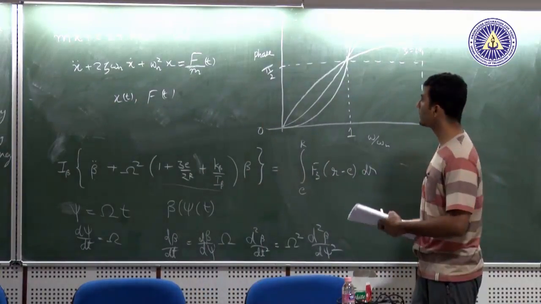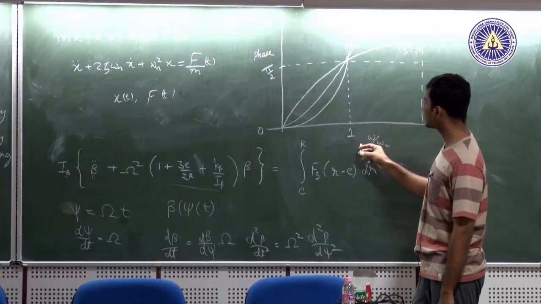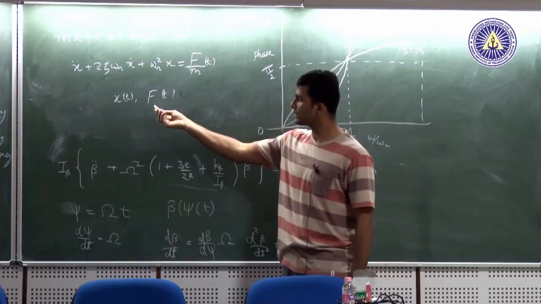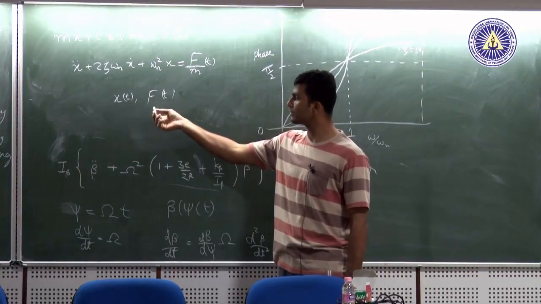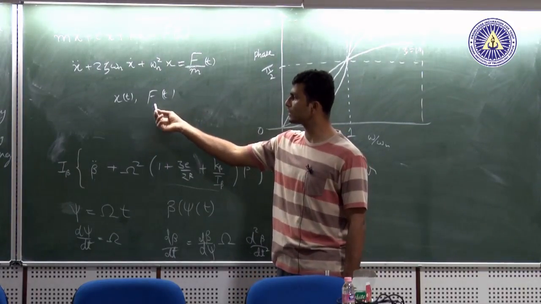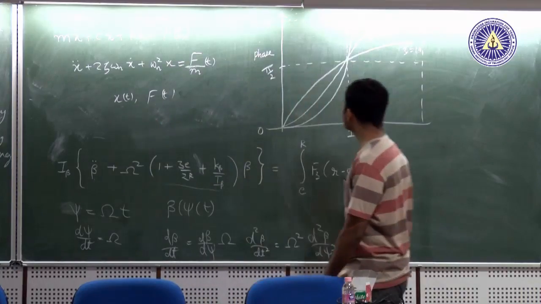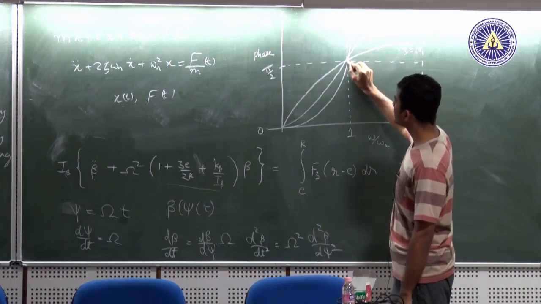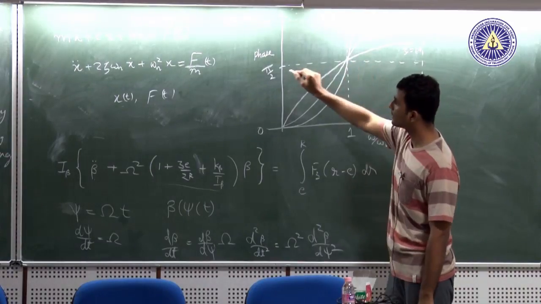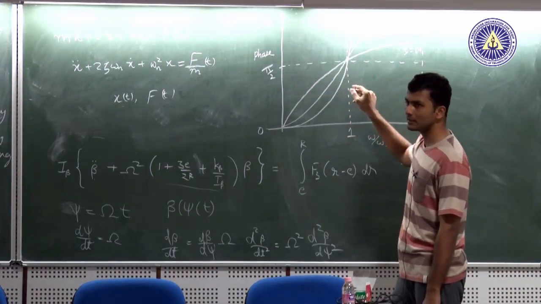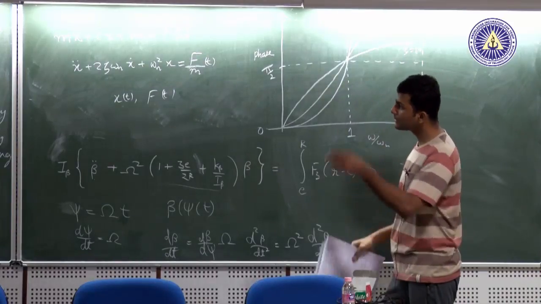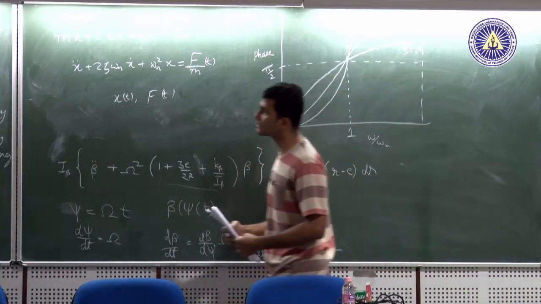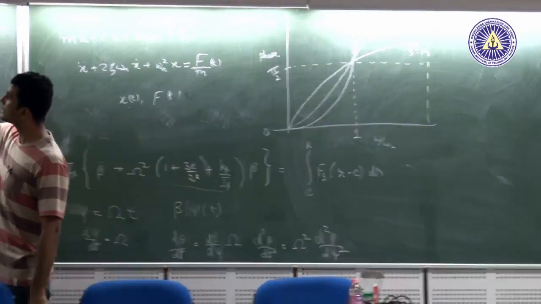But about the phasing between the input forcing function and the response, if I exactly have omega equal to omega n, then I will see a 90-degree phase shift between the response and the input. A similar thing is observed in this differential equation also.